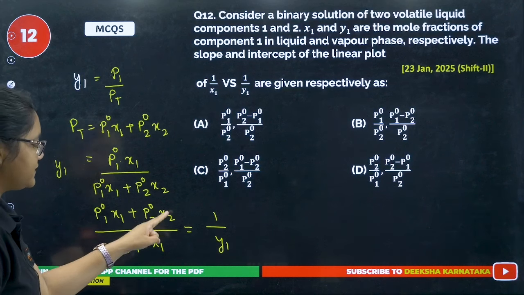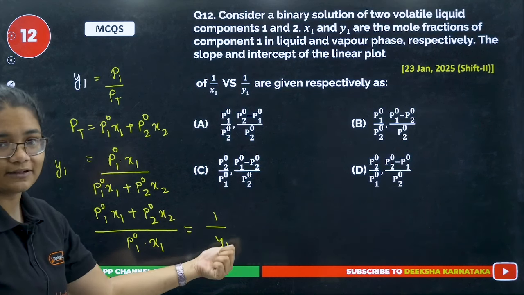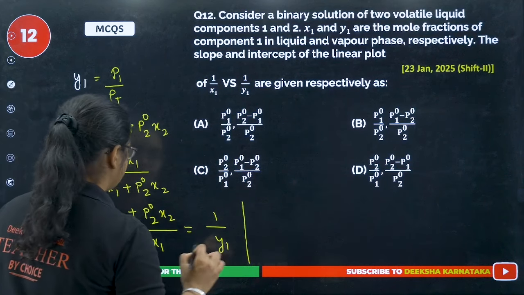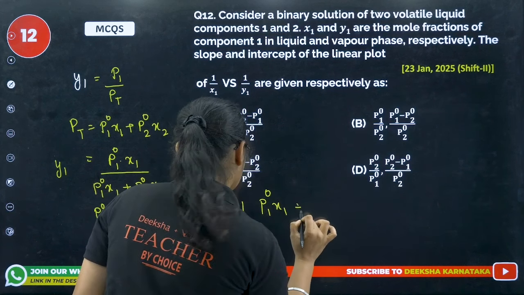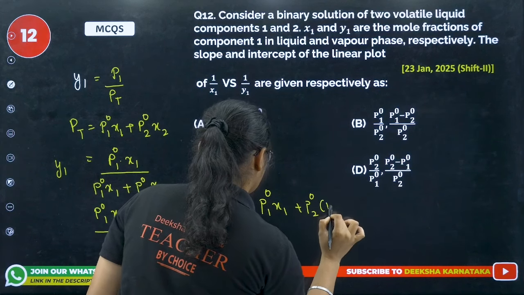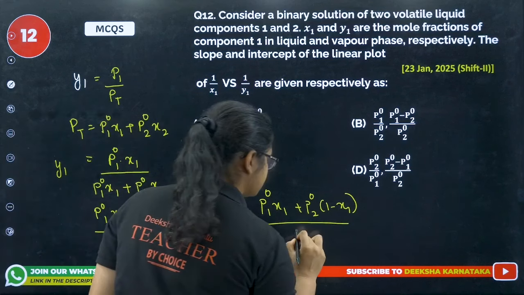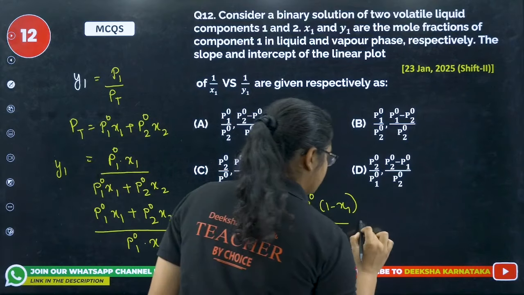Now can I write this x2 in terms of x1? x2 can be written as 1 minus x1 because there is no x2 term right here. So I'll just further simplify this one like this: P01 x1 plus P02 into (1 minus x1), divided by P01 x1, is equal to 1 by y1.